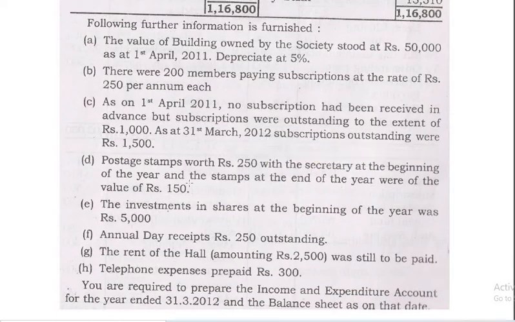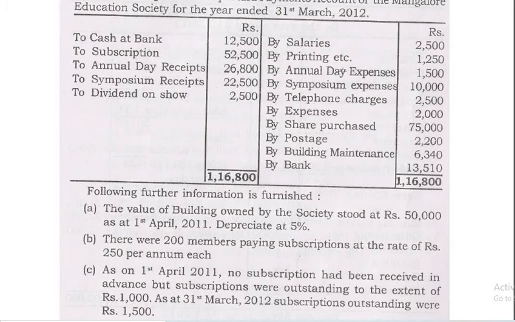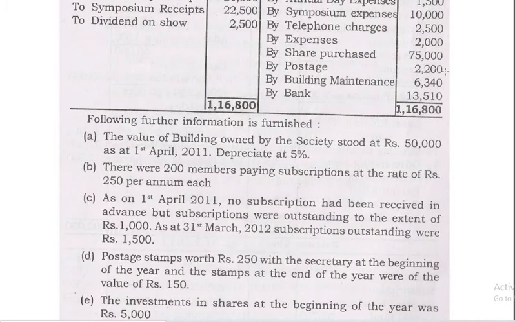Alright. Then postage stamps worth Rs 250 were with the secretary at the beginning of the year. So that is the opening balance. Then stamps at the end of the year were 150. The postage expense is 2,200, which means postage stamps purchased.